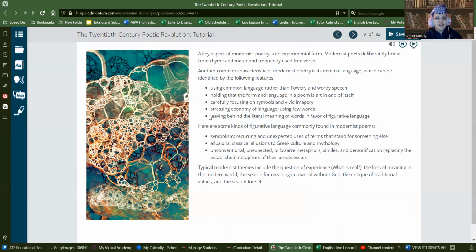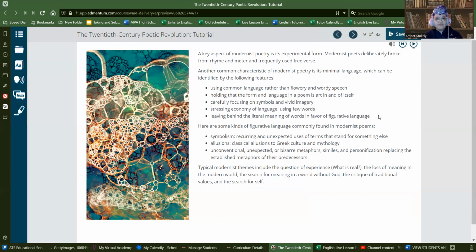And then this last one is leaving behind the literal meanings of words in exchange for figurative language. So basically trying to emphasize that there are comparisons that can be made with your language instead of the literal meaning. So an example of figurative language, and this gets mentioned a little further down, is a metaphor.